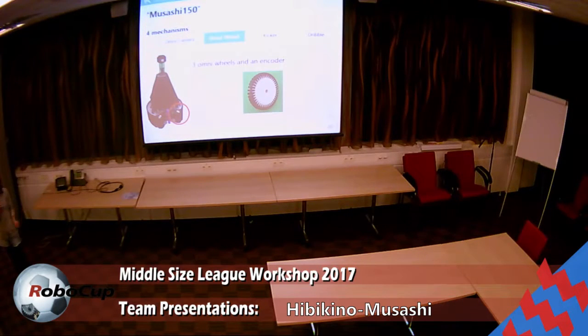Next, the omni wheels. They have 3 omni wheels with encoders, so they can move front and back, left and right, and they can turn.